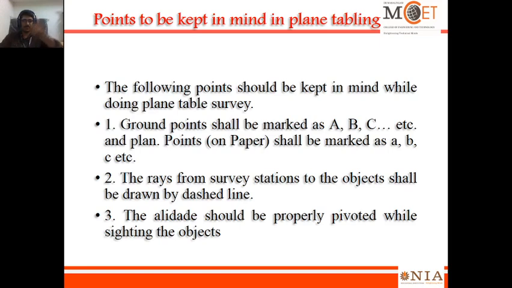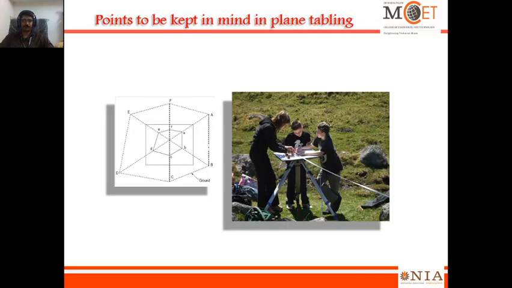The alidade should be properly pivoted while sighting the object, right? These are the things to be followed. Ground stations are capital. This is the table over the map. All the letters will be small. The rays which we are dropping, we have to draw dashed, and the alidade should be properly pivoted over the stations, right?